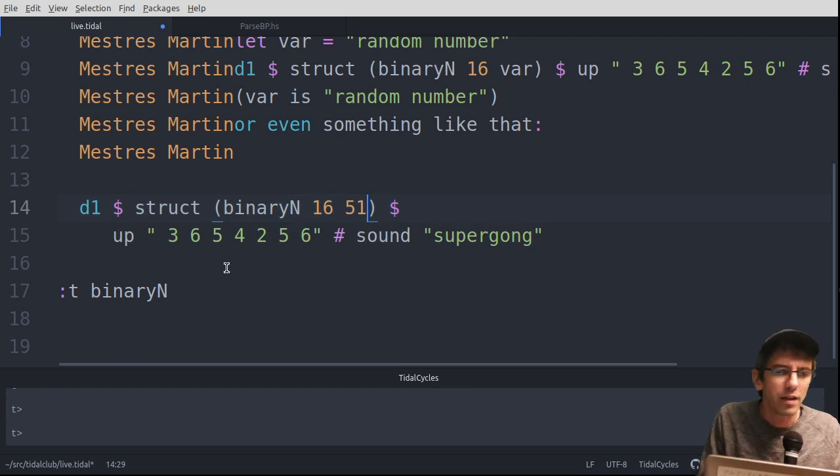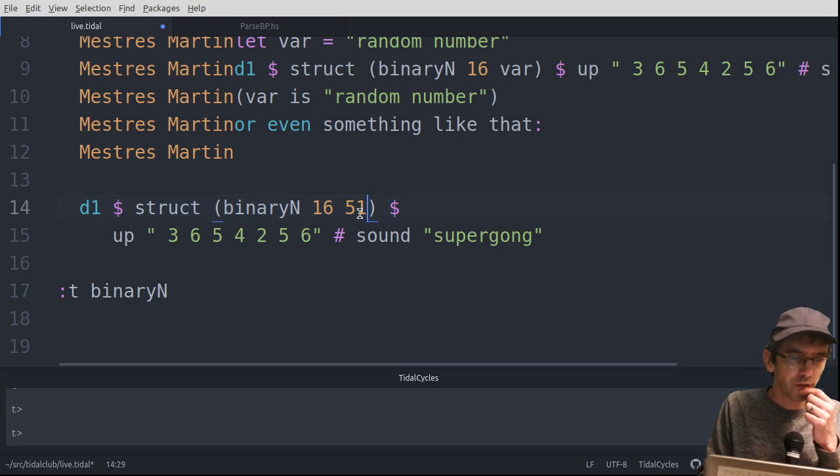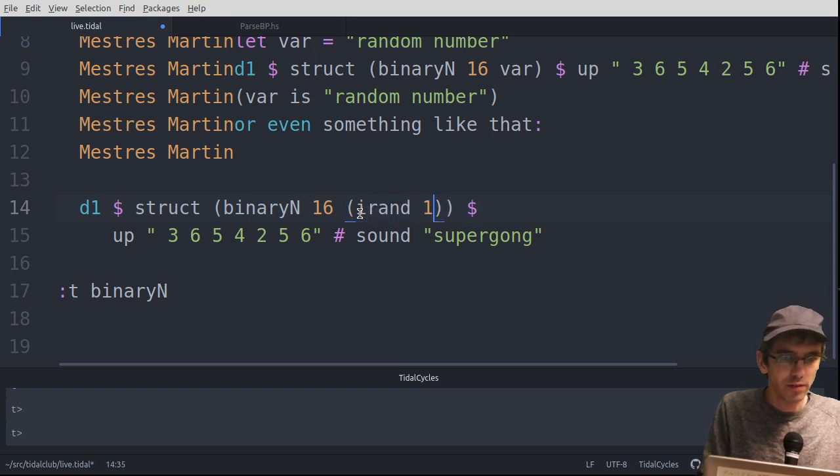So binary n is sort of creating a binary pattern from a whole decimal number. And they're trying to put in a random number here. But when they try and do that, it doesn't work. Ratio has 0 denominator.